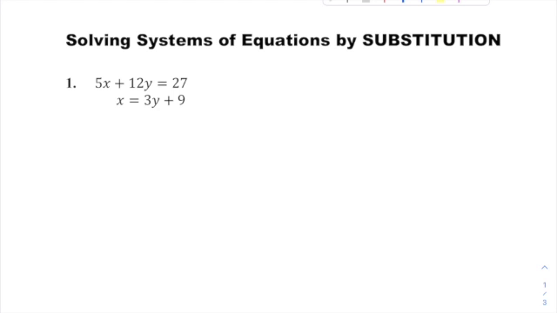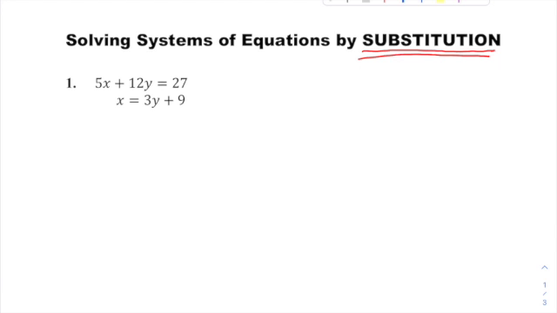So here is when substitution is great to use. Now, substitution can be used on any system. It really can be. But there are times when it's really good to use it. And when it's good to use substitution is when, in your two equations, you have one variable that is already isolated or could be easily isolated.